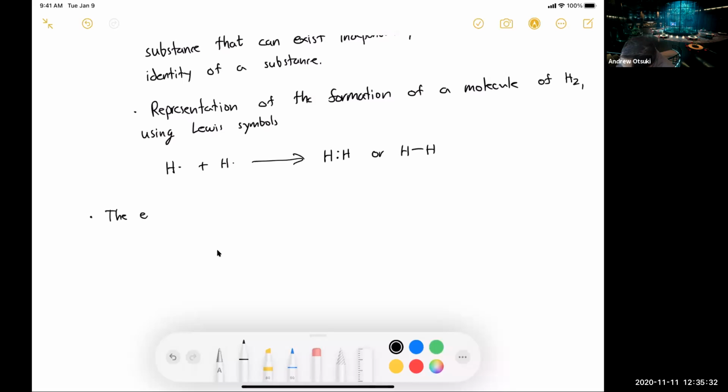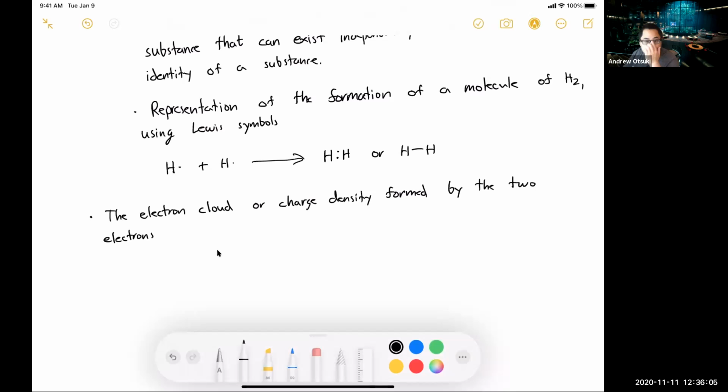The electron cloud, or charge density, formed by the two electrons is concentrated in the region between the two nuclei.